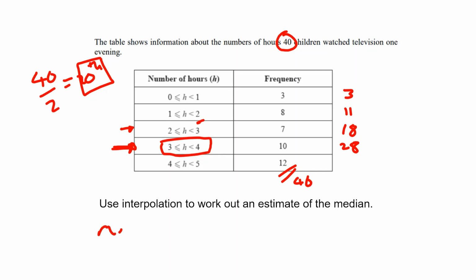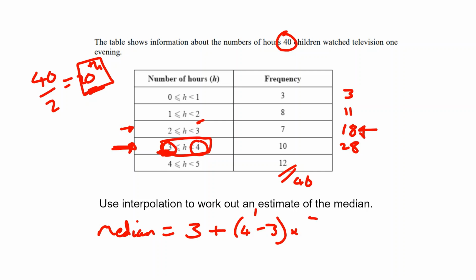So our interpolated median, what we're going to do is this row starts at 3. The difference between the starting and end point, so if we take away 3, is going to give me 1. And then we want to see how far into this we go. Well, we started at 18. We want to get to the 20th value.